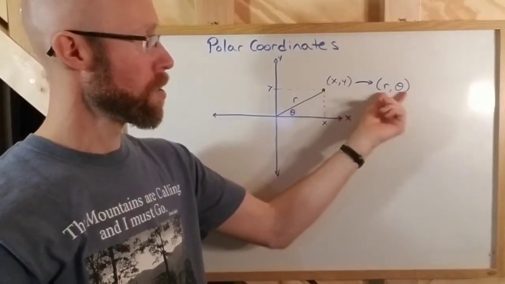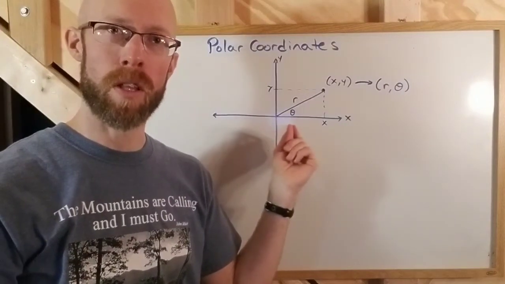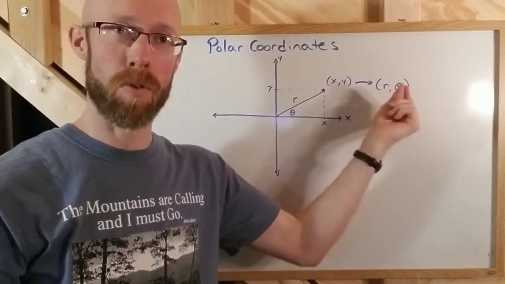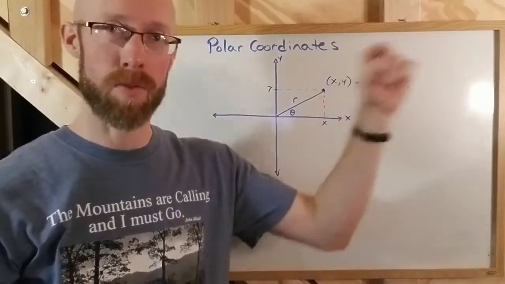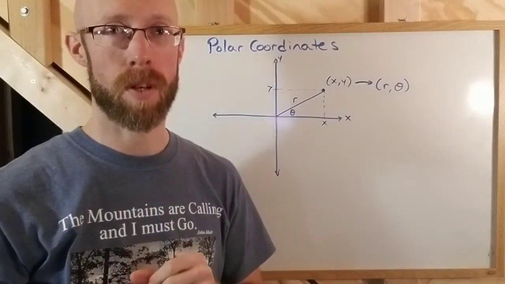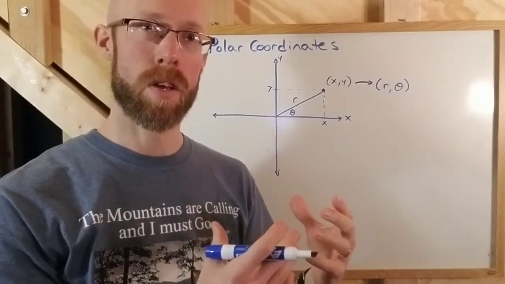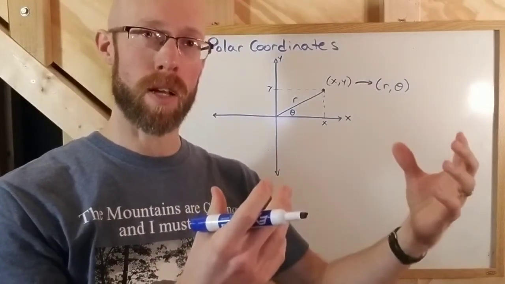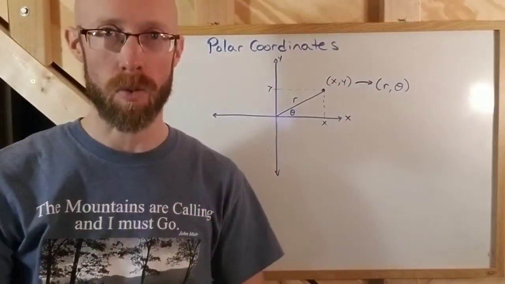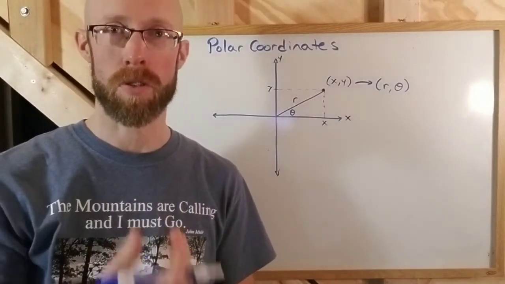Every ordered pair will have a unique point on the graph, but every point on the graph will end up having an infinite number of possible ordered pairs, depending upon how many times around the circle you're going, or whether you're using the positive or the negative radius. So there's not quite the one-to-one correspondence between the geometrical point and the ordered pair as you would with rectangular coordinates. It is a slight downfall, but it has its perks as well.